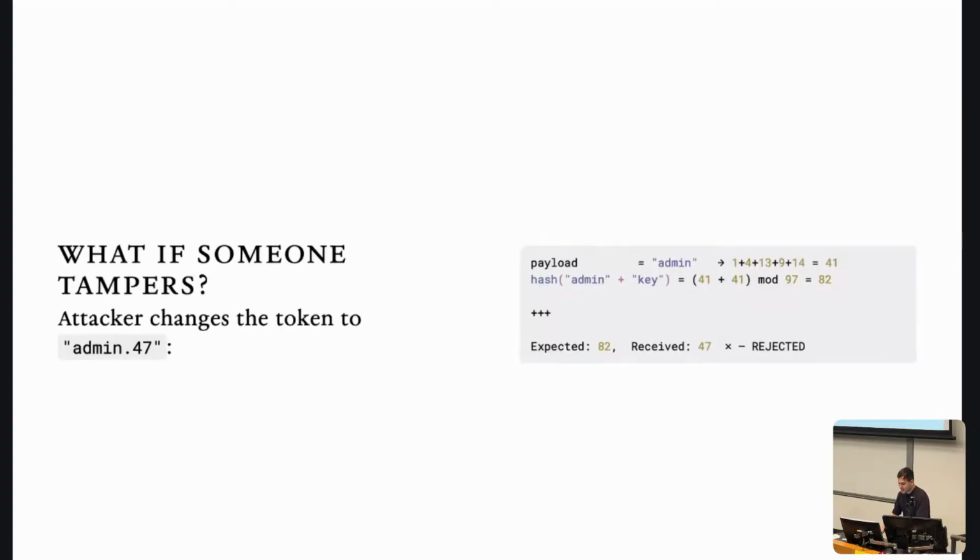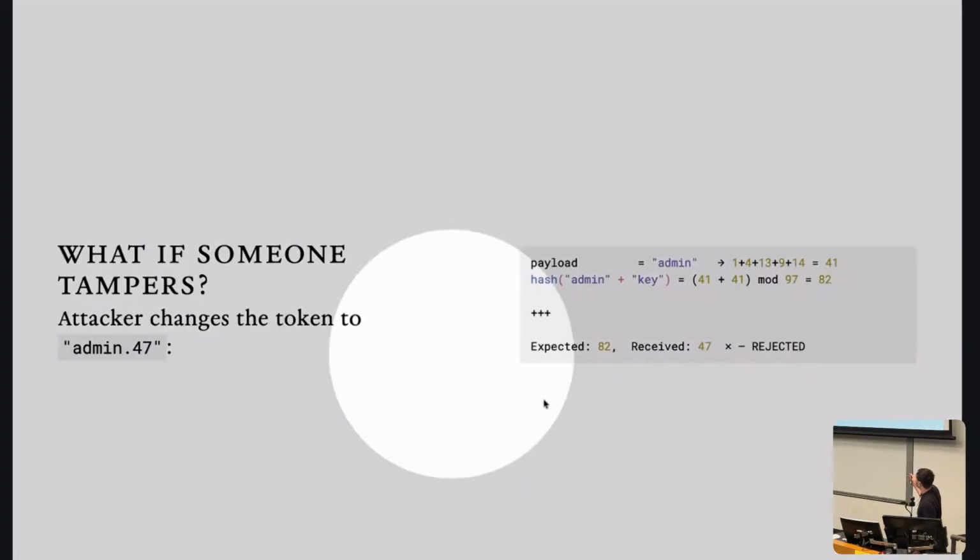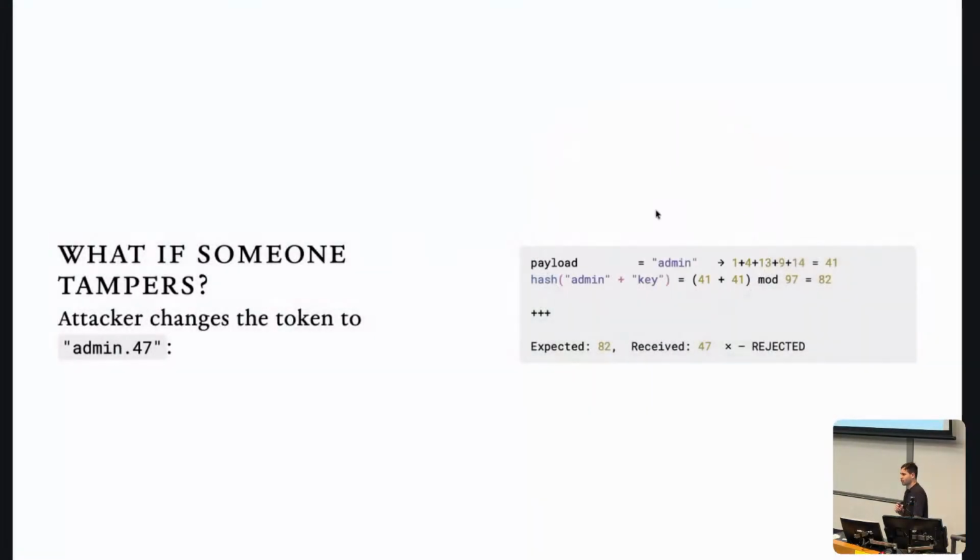So if someone tampers with the payload, so they make student, for example, admin, this would be a disastrous authorization escalation attack. The client knows the hashing algorithm, which is not that hard. You could probably just try all of them until you get the right one. So you hash the input admin, you get, say, 41.